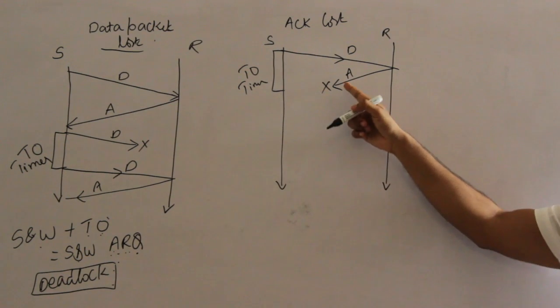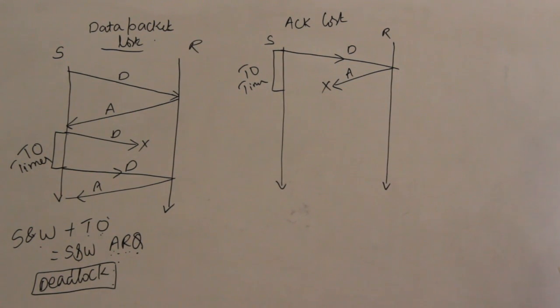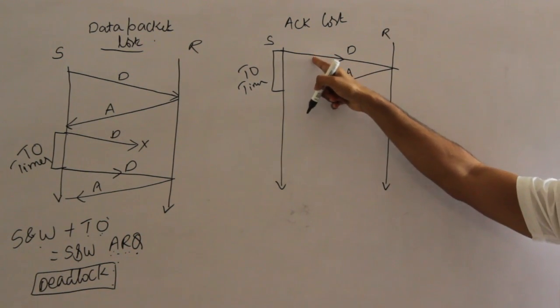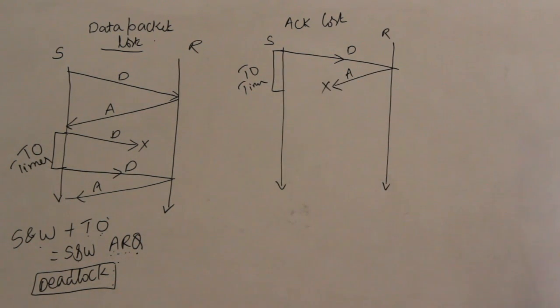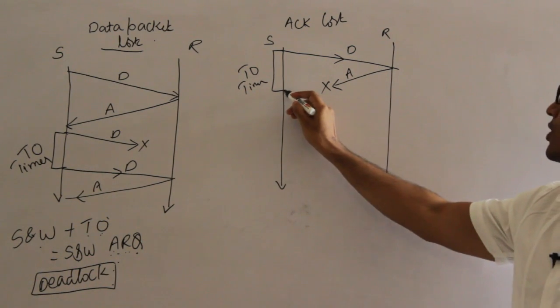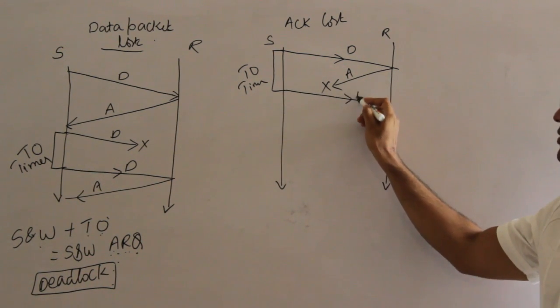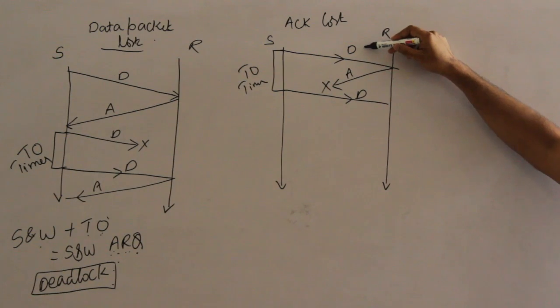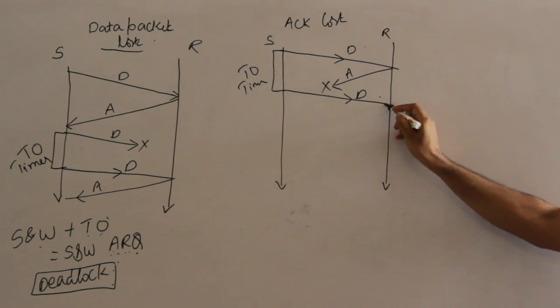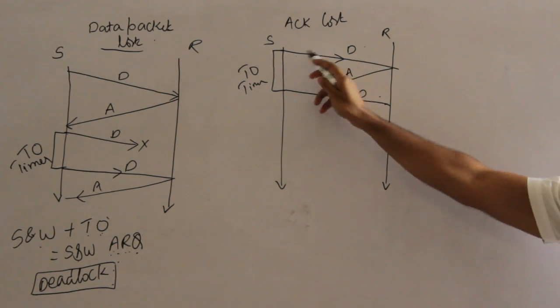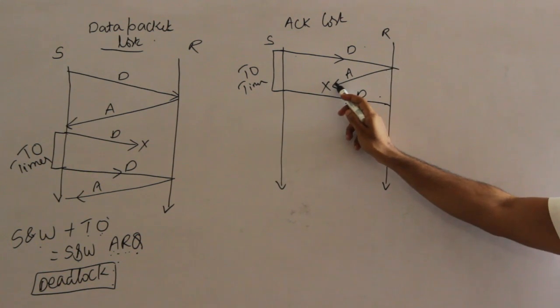Otherwise, if you always assume that the acknowledgement is lost, you are never going to retransmit the packet even if the data is lost. Therefore, the safest assumption is the sender will assume that data is lost, and because of which he is going to retransmit the same data. Previously, whatever data was sent, he is going to send the same data. Now, according to the receiver, he received the first data packet and he has acknowledged it.